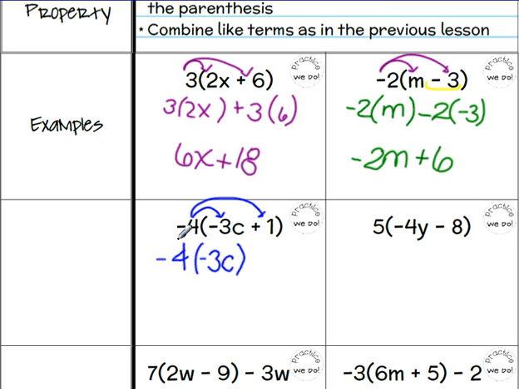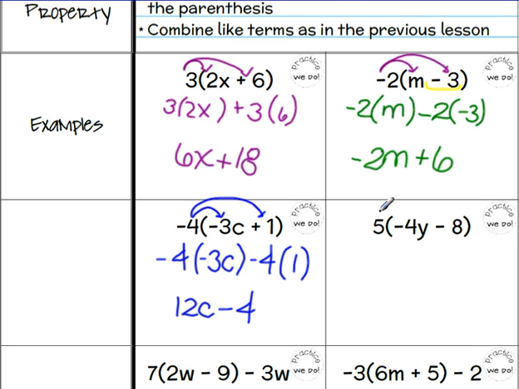Don't forget that we're going back and picking up that negative 4, so minus 4 times, and in this case this is a positive 1, so just multiply that by 1. So negative 4 times negative 3c is going to give us a positive 12c, and negative 4 times 1 is negative 4. These are not like terms, so that's as simplified as that expression can be.